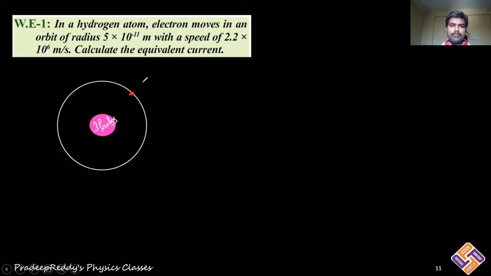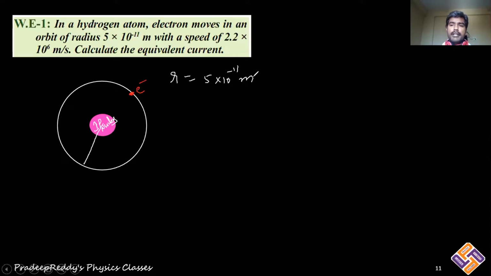Here is the electron. As we have been discussing from the last video lectures, whenever a charged particle is in motion, the charged particle will produce electric current, is it not? Therefore, when an electron is revolving around the nucleus, this electron will produce some current. Now it is given the radius of this orbit R as 5 into 10 power minus 11 meter.